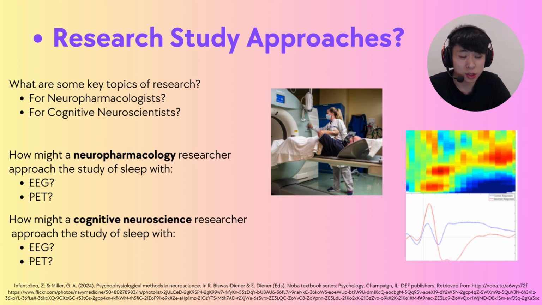So you can kind of determine a correlation between the two. We can use the brain waves and break it down into the 4 stages of sleep and determine if there's any differences in each individual stage. I think for the PET scan, for neuropharmacology, it might be a bit more difficult.